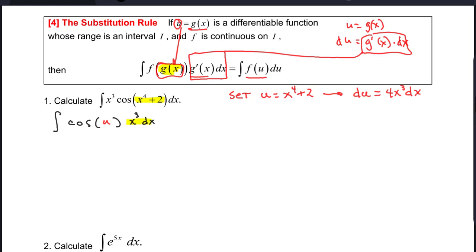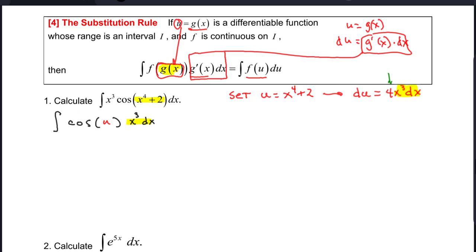X cubed dx. They have to come out, and I have to put in u's and/or du's to replace that. And I'm looking over at my du here. Hey, look at the du. Du has x cubed dx. Now, I do have something extra here, though. The du has a 4 factor in it.